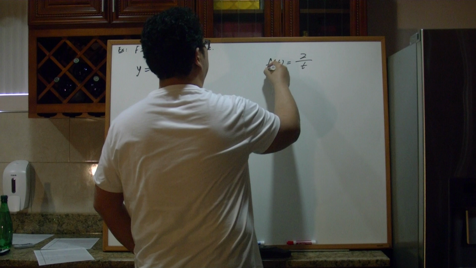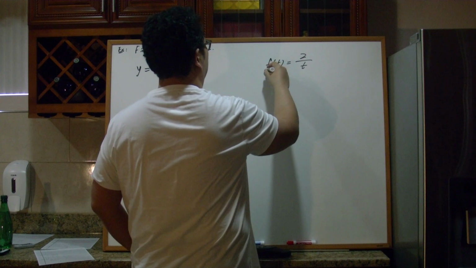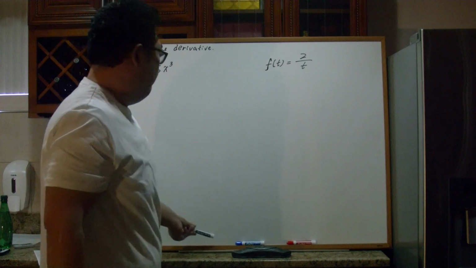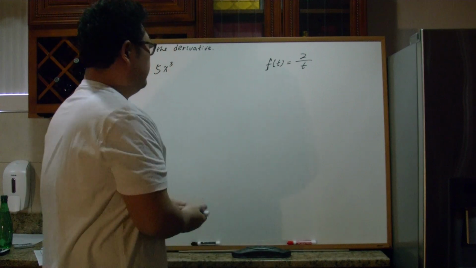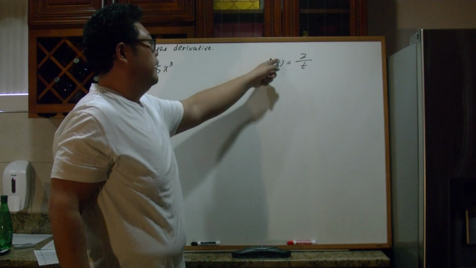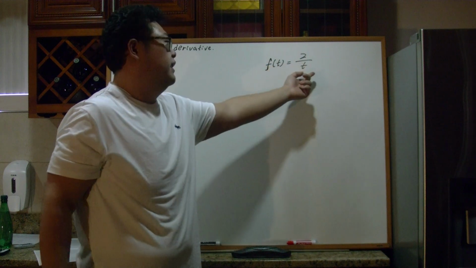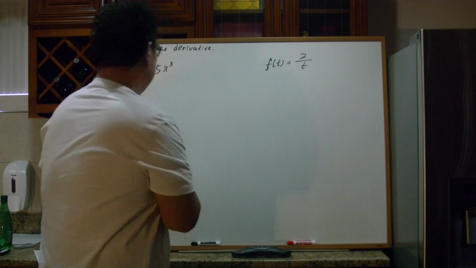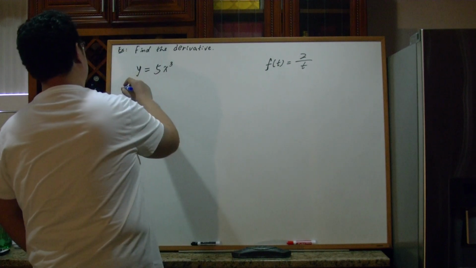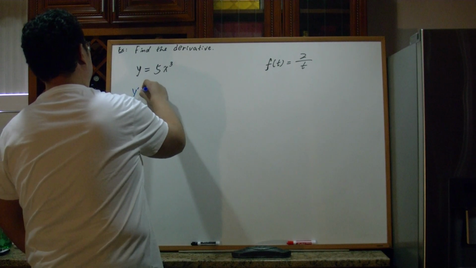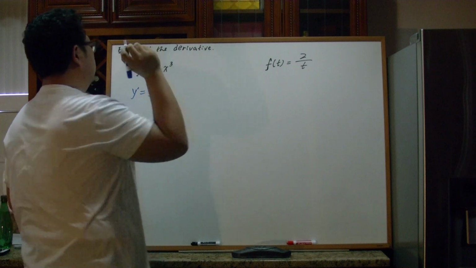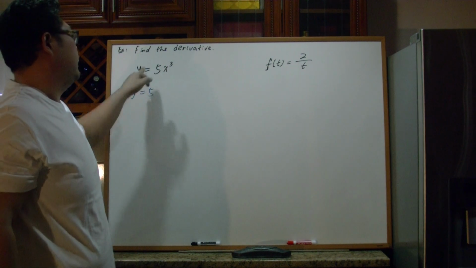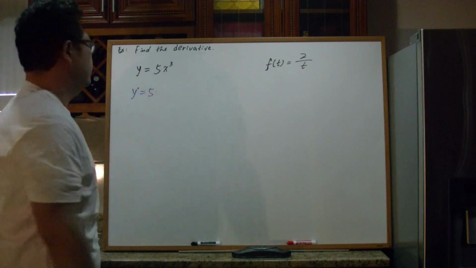It's not necessary that the function is a function of x. It could be a function of t, the same thing. When we take the derivative of the function with respect to t, it's the same as with respect to x. So for this one, y prime will be the constant. The coefficient is the coefficient. When we take the derivative, that's still the coefficient.